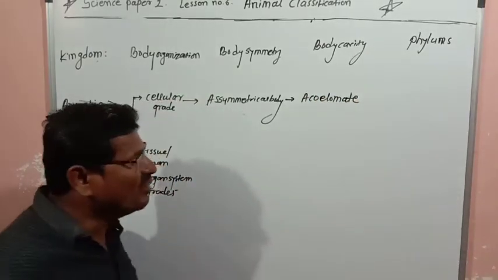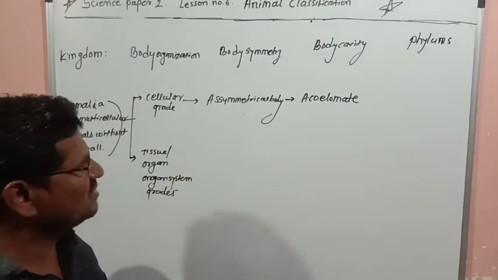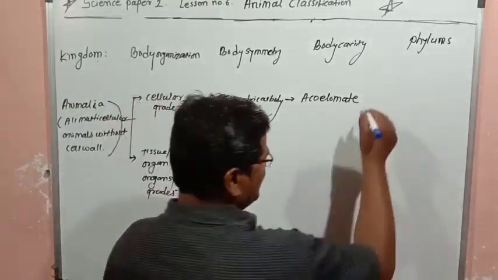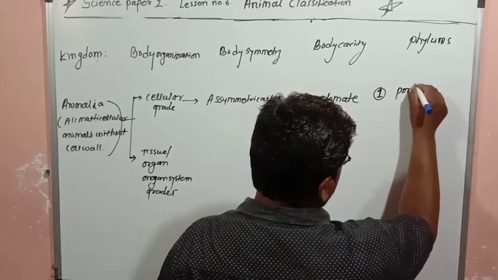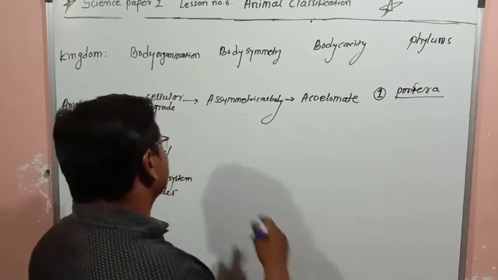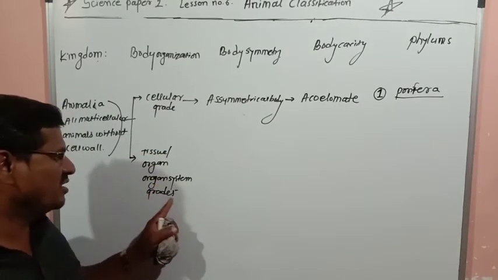An example of a phylum with an asymmetrical, acoelomate body is Porifera. So the first phylum is Porifera.